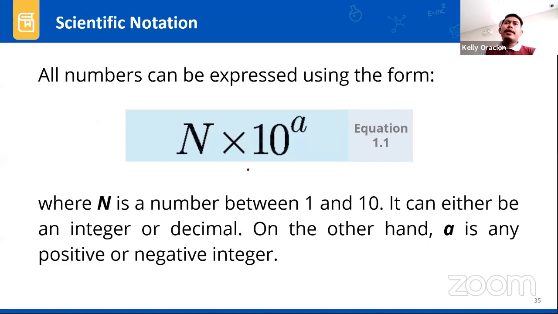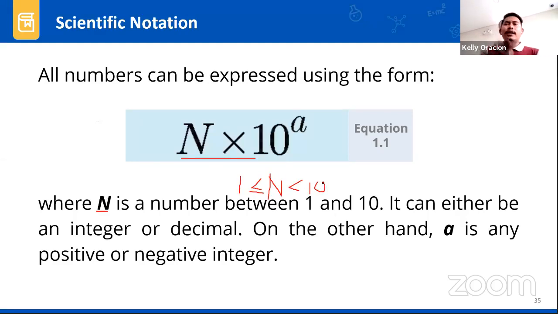Now, all numbers can be expressed using this form. This is the format, where n is a number between 1 and 10. In the standard basis of scientific notation, n should be greater than or equal to 1 but less than 10.